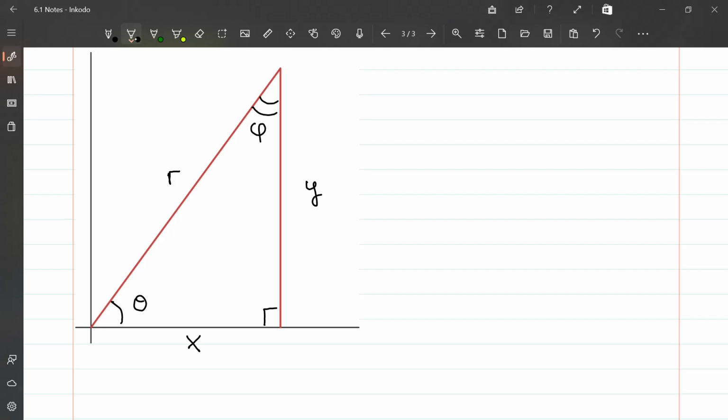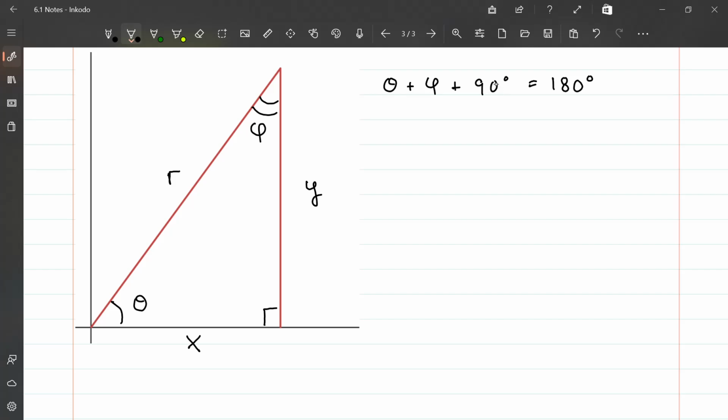See, we already know something about all right triangles, really about all triangles, and that is if I take all three angles and I add them together like so, then the result must be 180 degrees. This is a very well-known property. Now, what I could do is I could rewrite this.